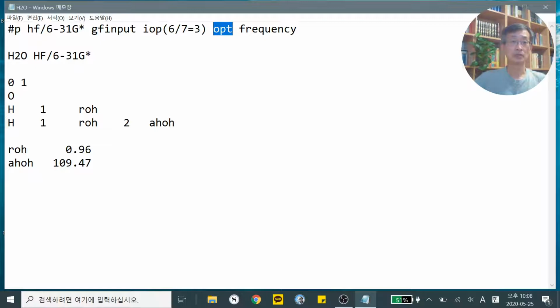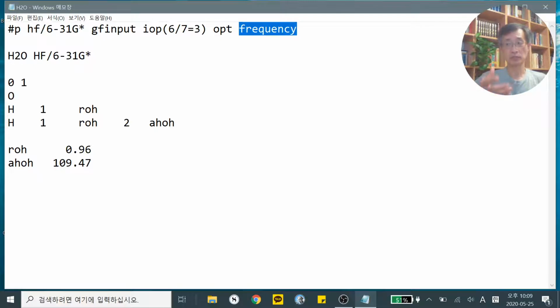The initial ROH is 0.96, the OH distance, and the HOH angle is just a tetrahedral angle here. So this is the initial geometry, and from the initial geometry it will optimize, achieving lower energy. And also I'm asking it to do a frequency calculation.